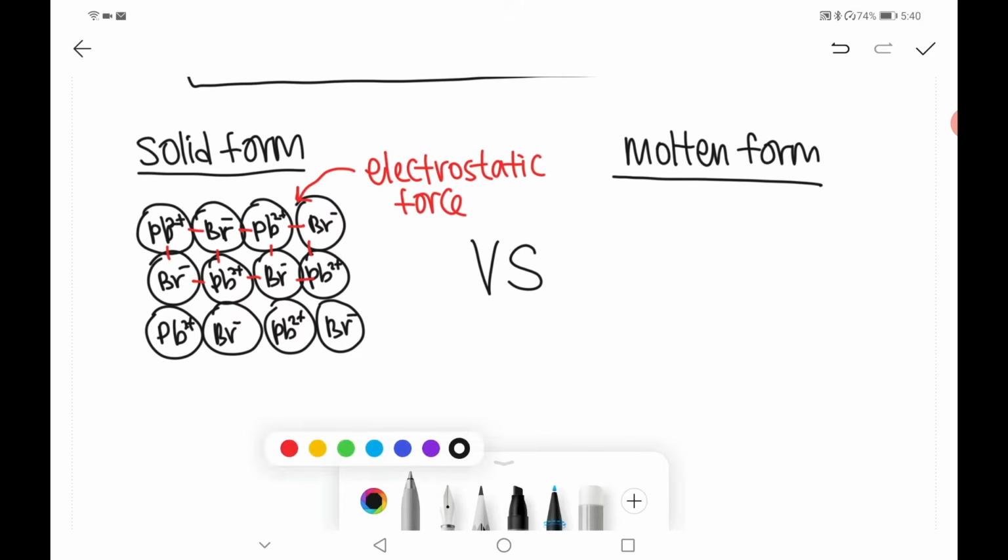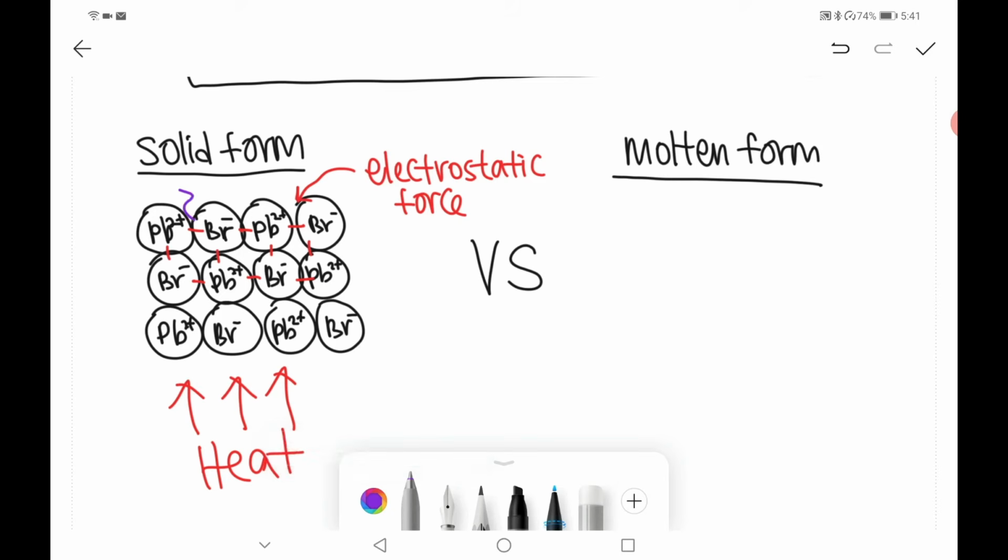When we melt the substance, we heat it. When we heat the substance, we are breaking the bond, we are overcoming the force. So the bonds here are broken, and now the ions no longer stick together.